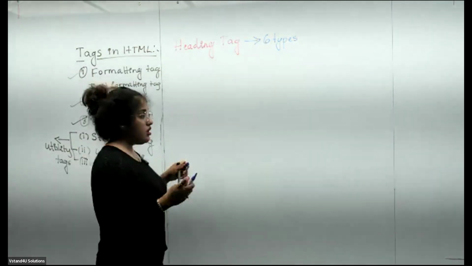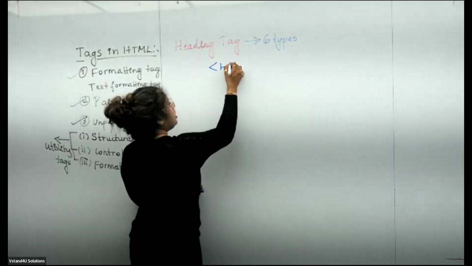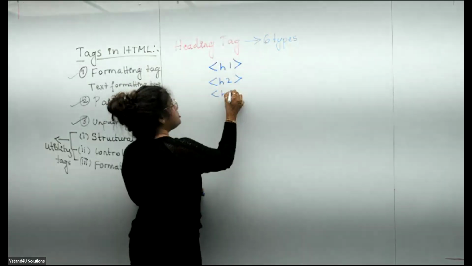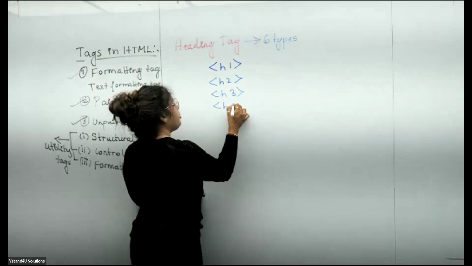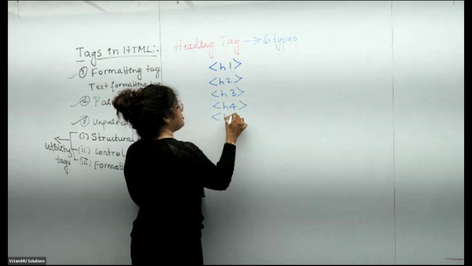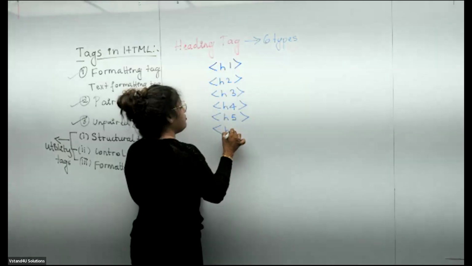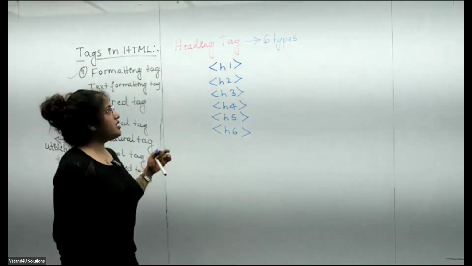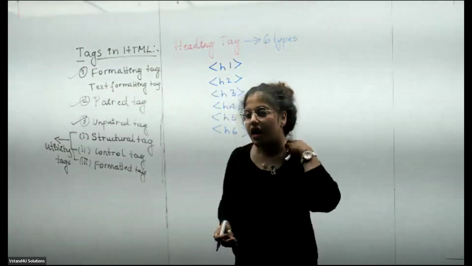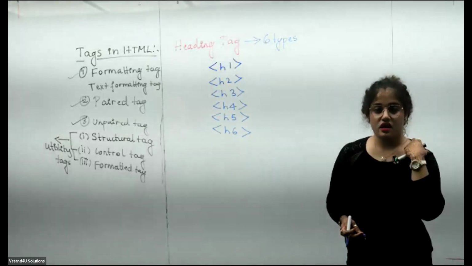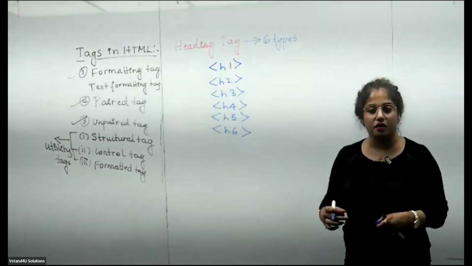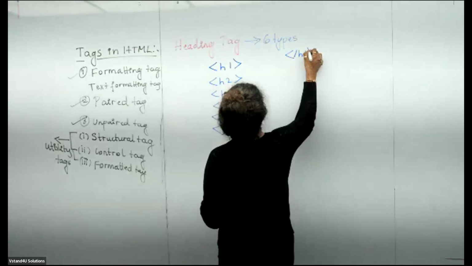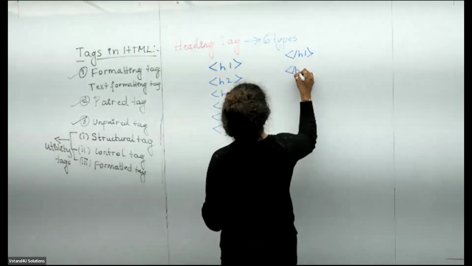The first heading tag will be H1, next one H2, H3, H4. What man you are writing numbers? I know numbers. H5, and you have one more tag that is called H6 tag. How many heading tags do you have? I have 6 types of heading tags. Now, is your heading tag a paired tag or an unpaired tag? Obviously, all your heading tags are paired.